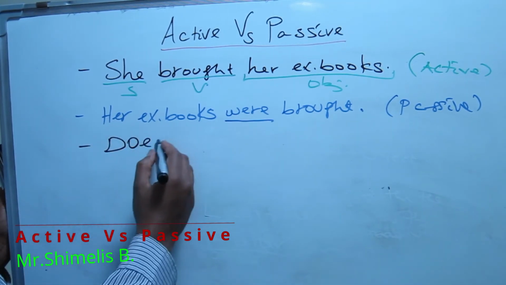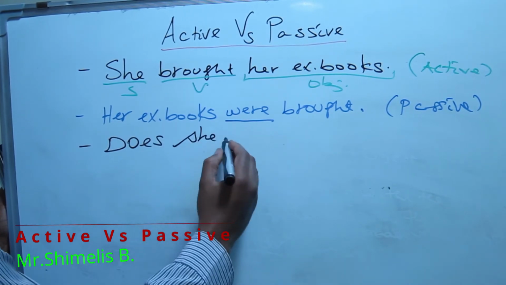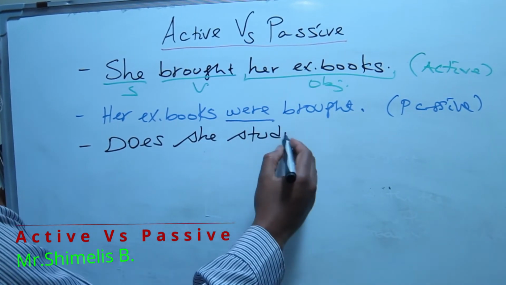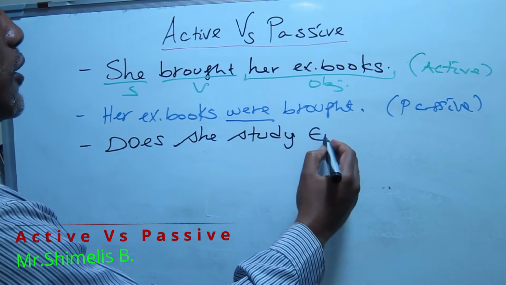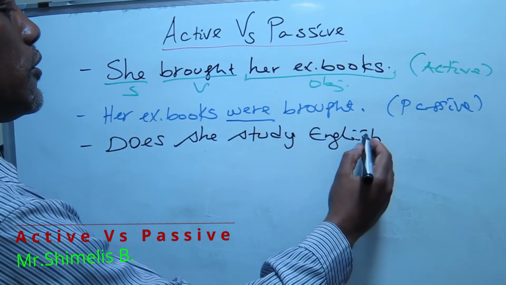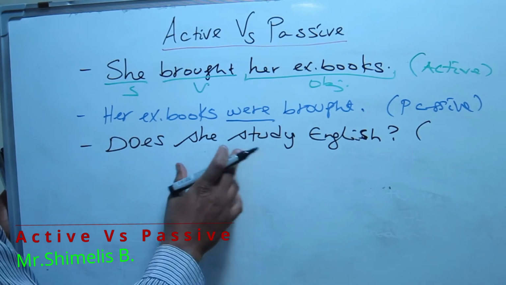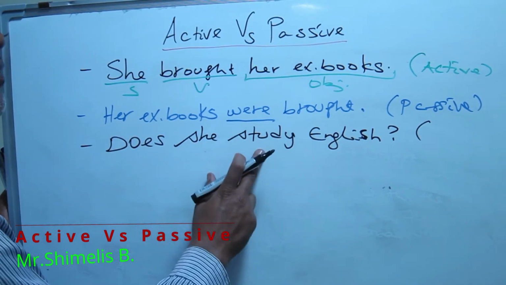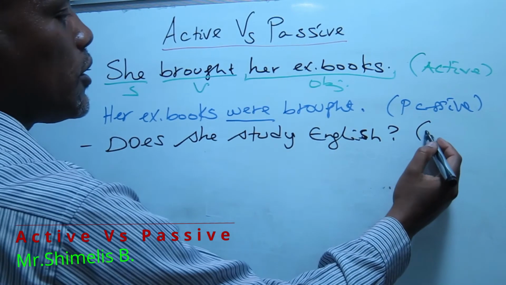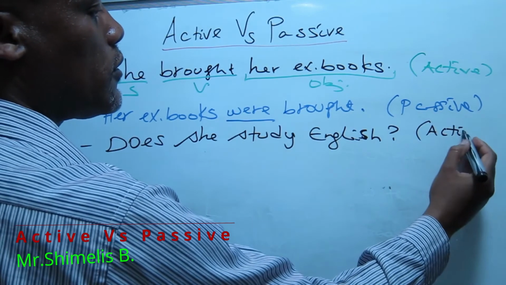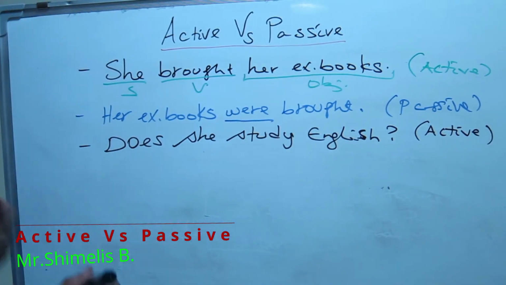Does she study English? Now, as you can see, we have a subject, a verb, and an object. So this is an active sentence.